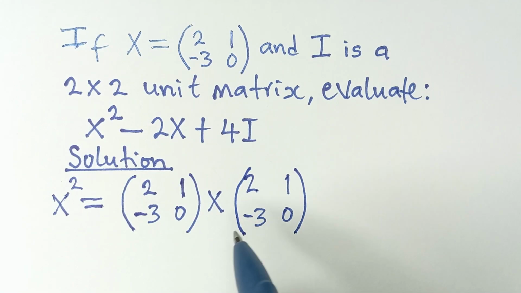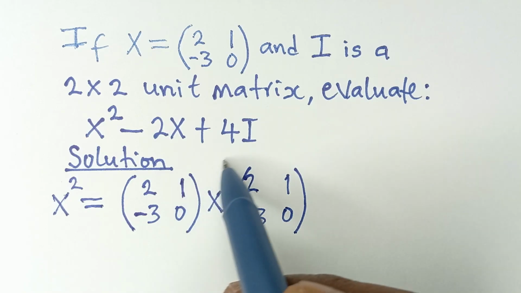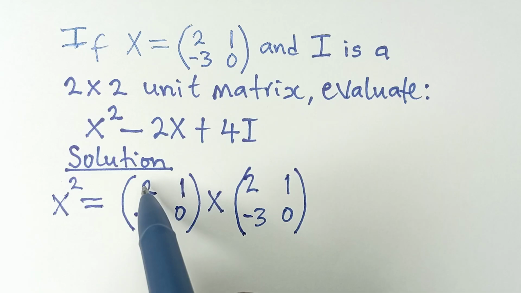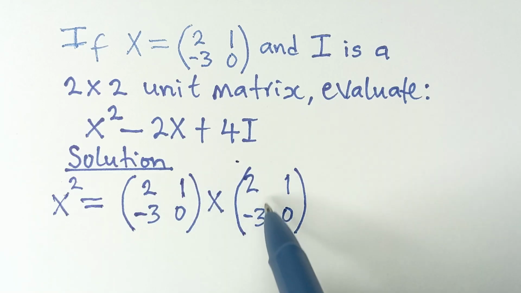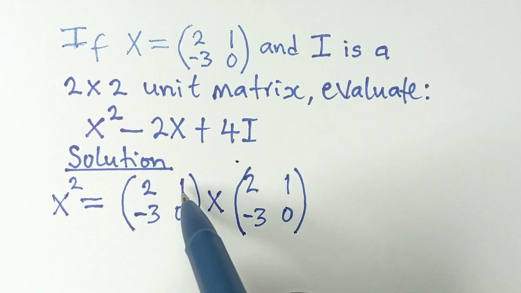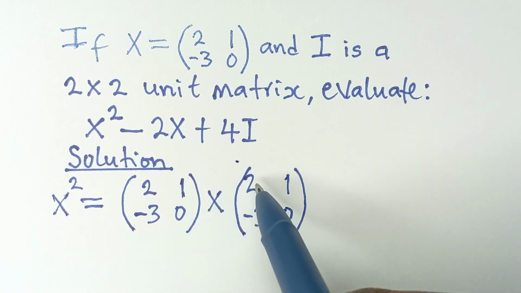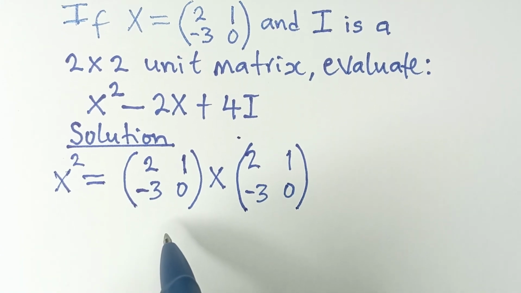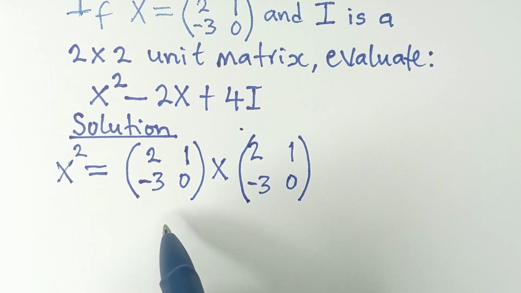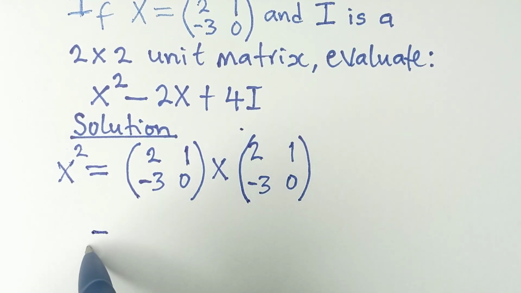For us to multiply this, we all know the usual style is to bring this 2 and 1 down this line. So 1 will come down here and multiply negative 3, and 2 will be up here to multiply 2. That will give us the answer for the first part of the matrix.